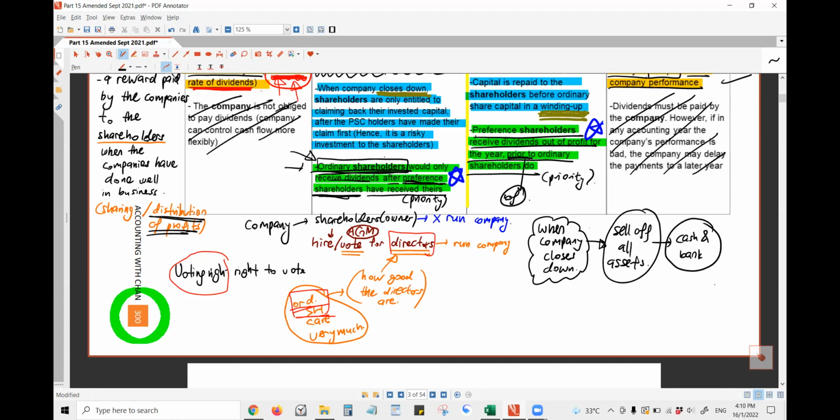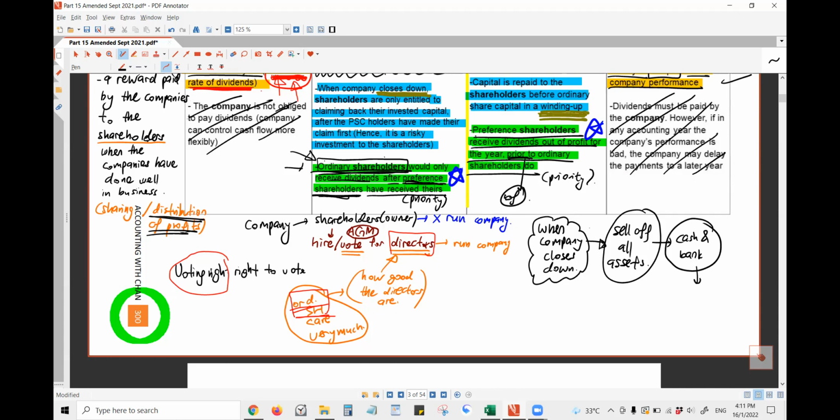And once you are done with all the selling of whatever you have in the business, you would distribute the money back to the owners, as well as settling all the liabilities. Liabilities are the debts you owe to other people.